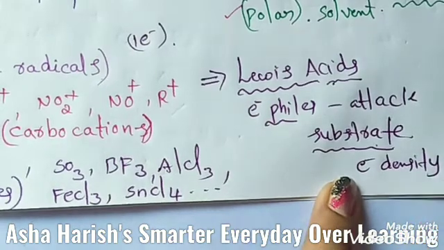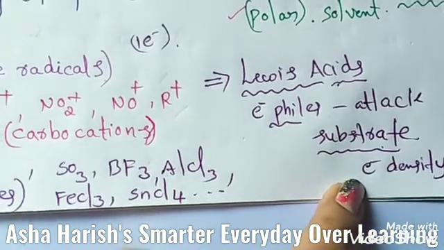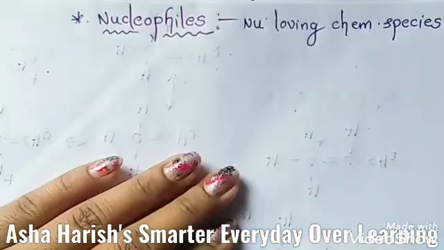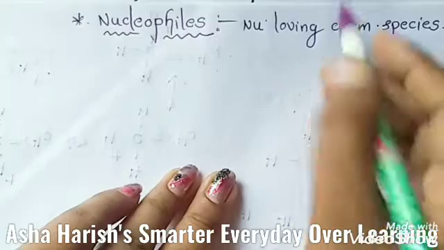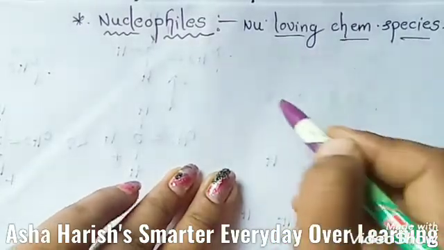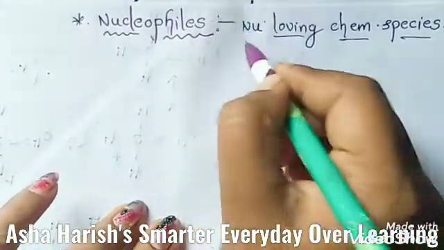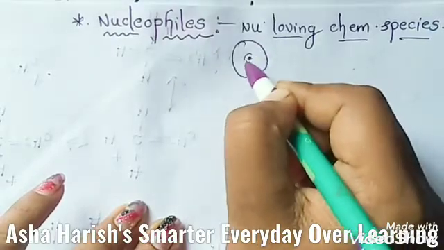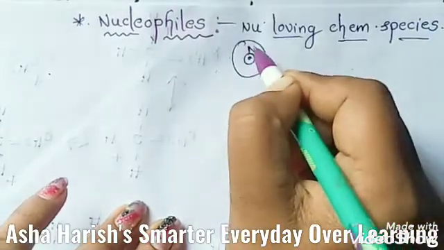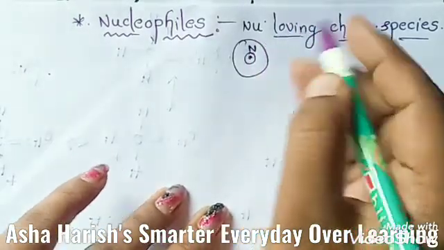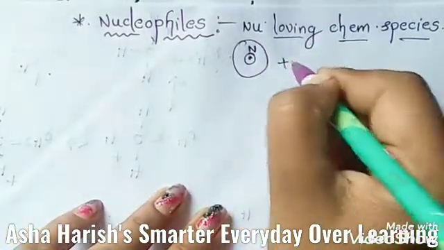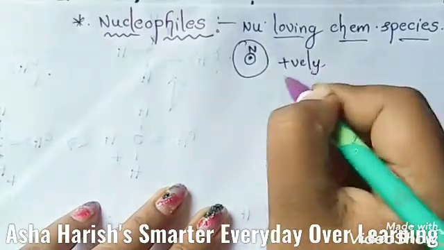This is about electrophiles. Now let's see about nucleophiles. Nucleophiles are nucleus-loving chemical species. The nucleus of any atom is in the middle of the atom, and it is positively charged. Why?